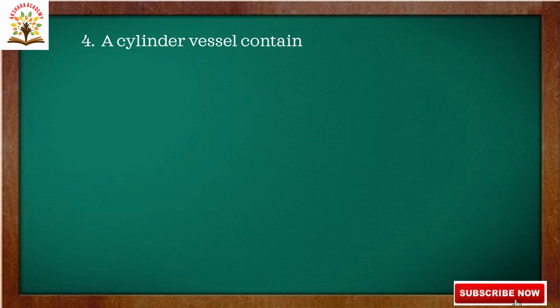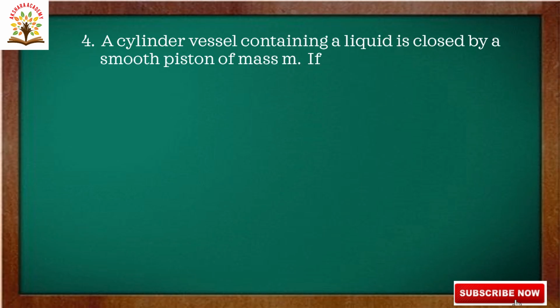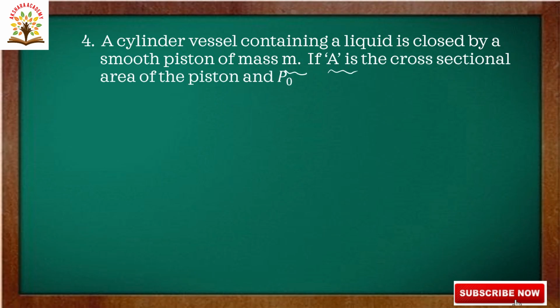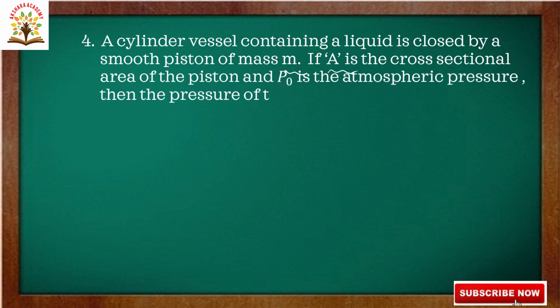Fourth one, a cylindrical vessel containing a liquid is closed by a smooth piston of mass m. If A is the cross-sectional area of the piston and P0 is the atmospheric pressure, then the pressure of the liquid just below the piston is.